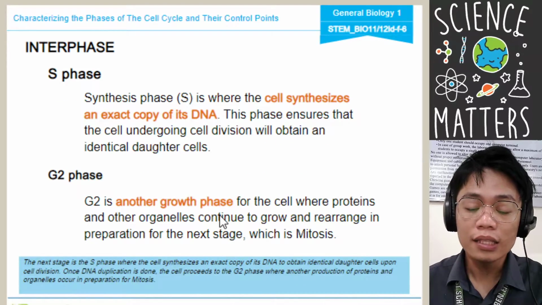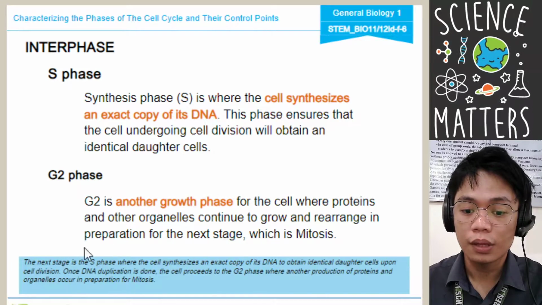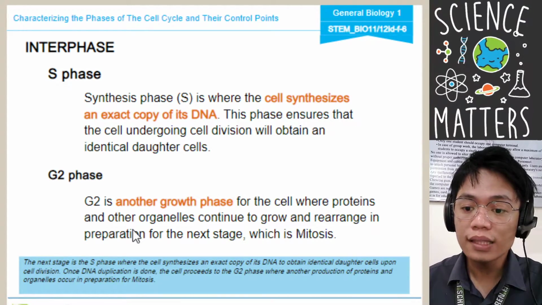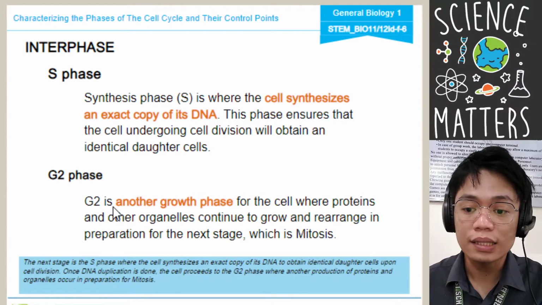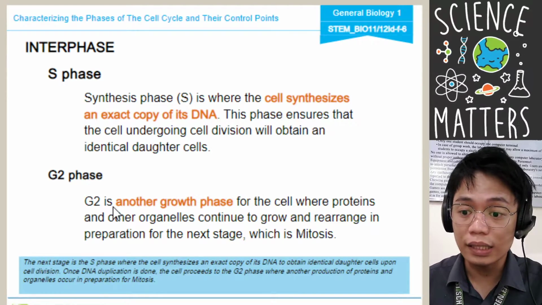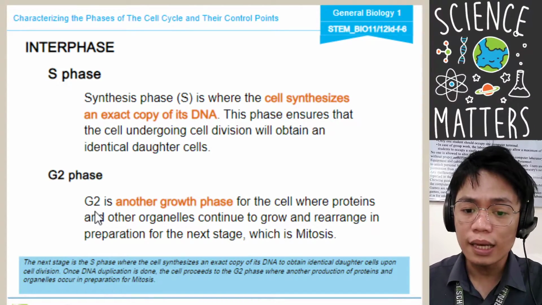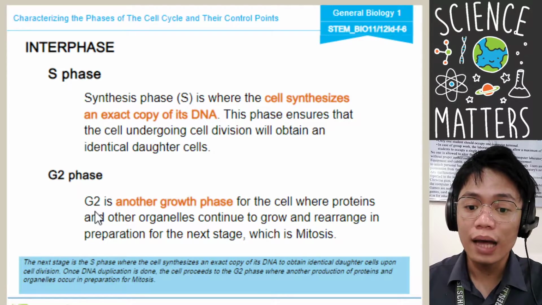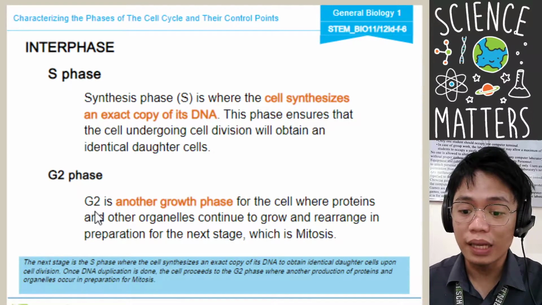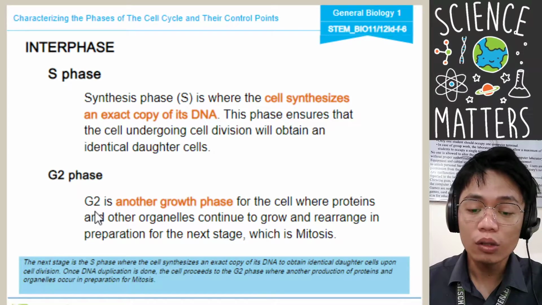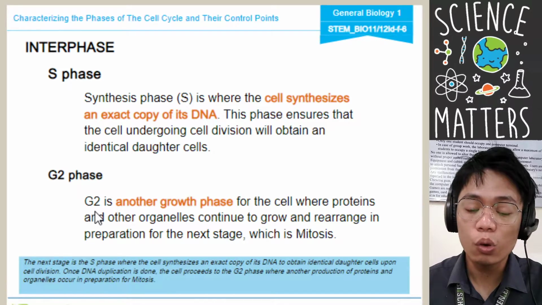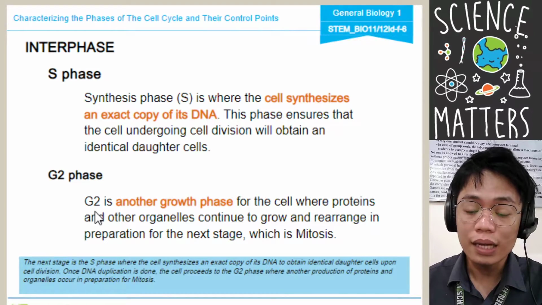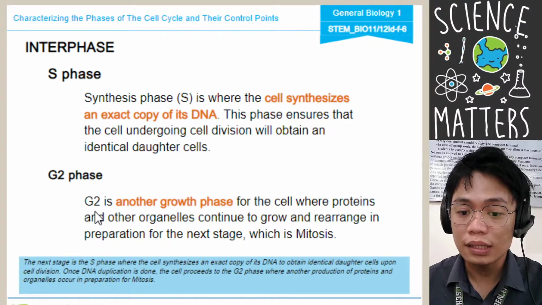Then, the S phase will take over. S phase stands for synthesis, and the cell synthesizes an exact copy of its DNA. Meaning to say, it undergoes DNA replication. Unlike in G1, where it only prepares for DNA replication, meaning it prepares all the material inside the nucleus or inside the cell for the synthesis.